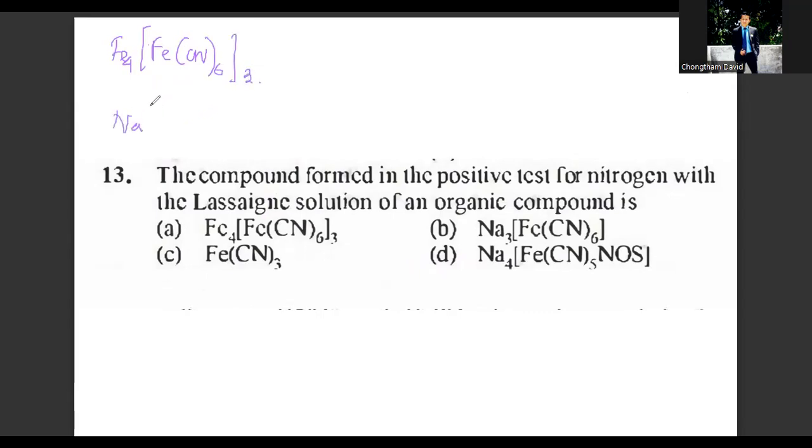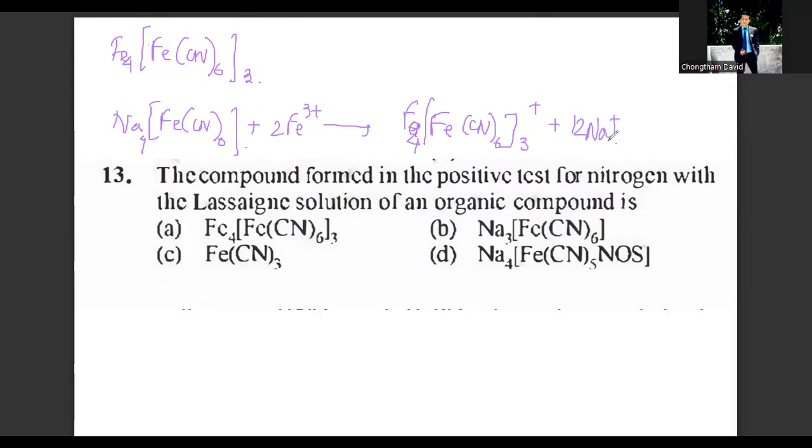So when this sodium extract, sodium hexacyanoferrate complex, is treated with the ferric salt, it gives a very nice violet blue color, which is also known as Prussian blue. Okay, so the question is asking what is the formula of that compound? Fe3+ and 12 moles of sodium ion. So answer for this question number 13 will be A. This is your Prussian blue color.